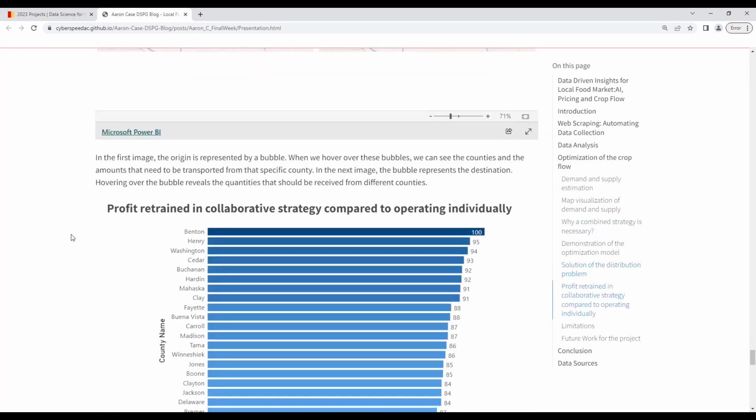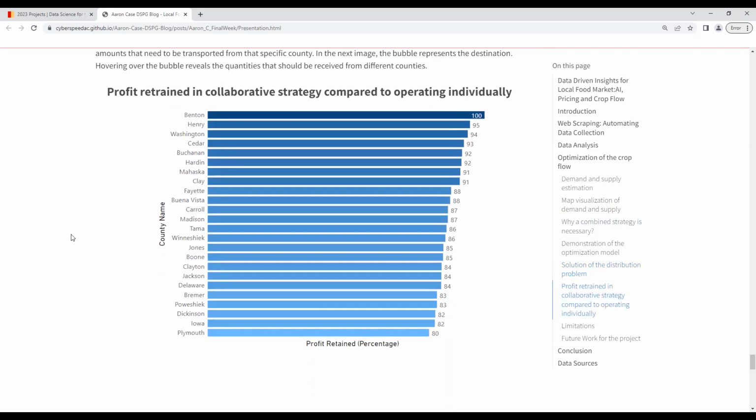So next, we want to talk about the profit retained in the collaborative strategy compared to operating individually. Let's consider a hypothetical scenario where only one supplier exists and all of the others are receivers. So one supplier can sell their products to the highest price area.